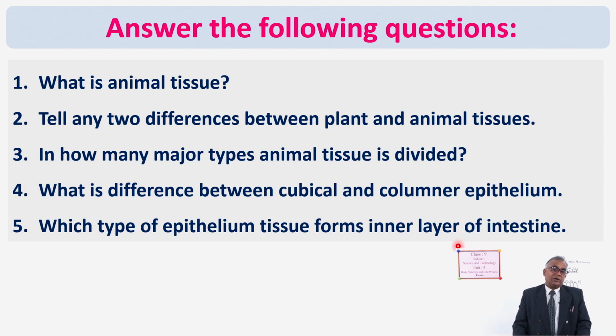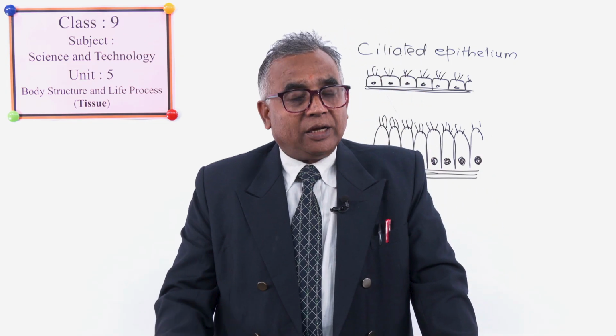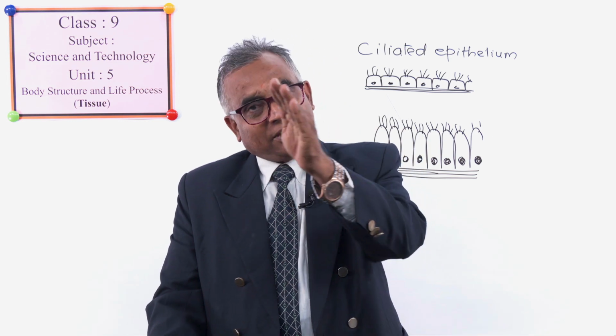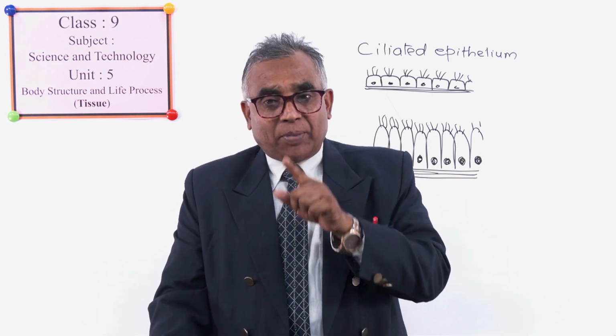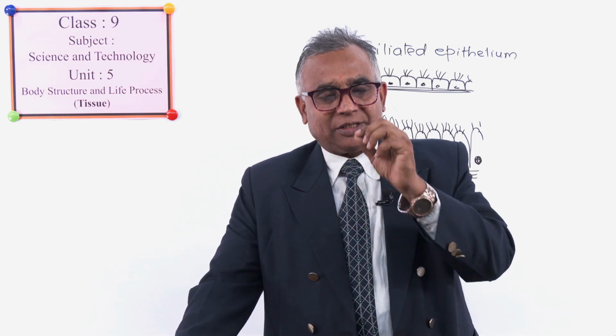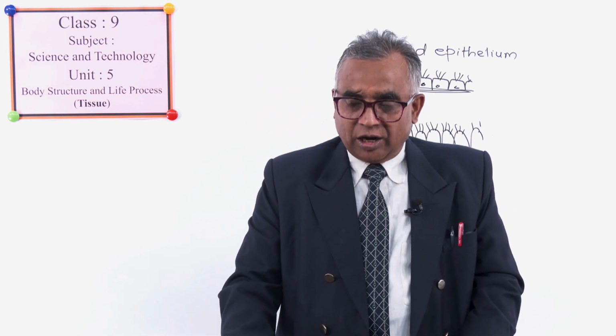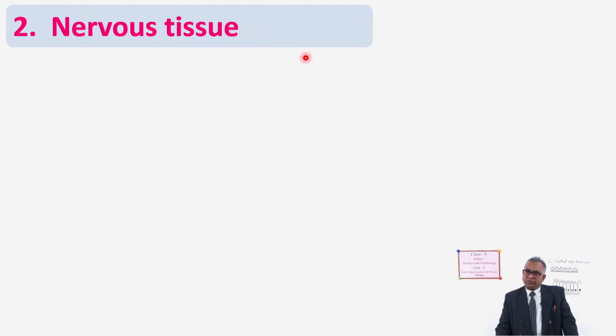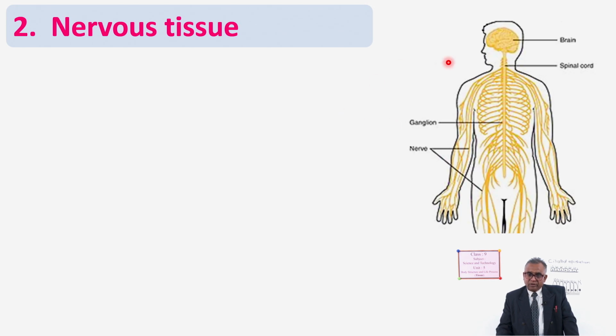Okay, now we are going to discuss the next tissue, and here I am going to teach you nervous tissue, which is given last in the sequence, but because it is shorter to study, that's why it is taught to you first, doesn't matter. It is nervous tissue. And for nervous tissue, here is one diagram I am showing you. This is the nervous system.